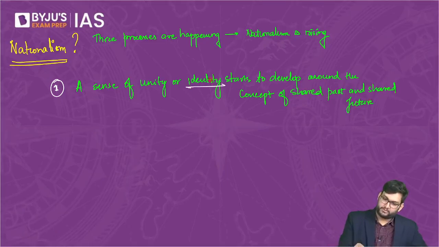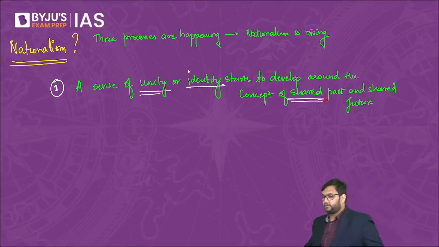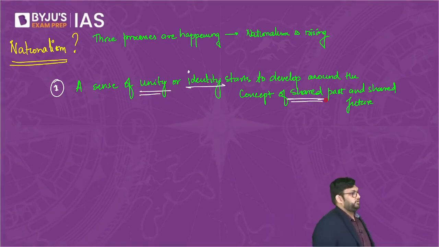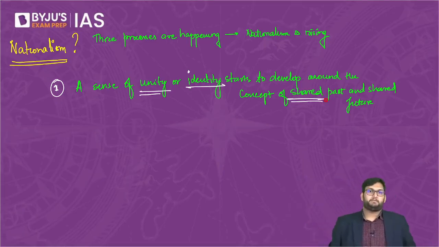The word here that is important is identity, and the concept shared is very important. What do I mean by that? See, you and me, maybe we will never meet a lot of Indians. There are close to 2 billion Indians now. I have not met all of them. Neither will I meet them.